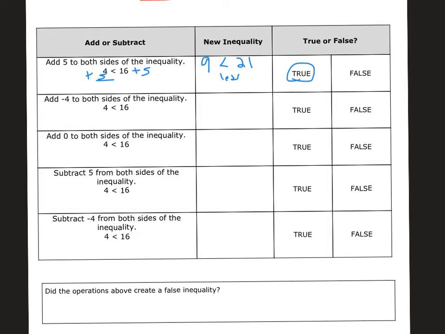Now we need to add negative 4 to both sides. 4 plus negative 4 gives me 0. Remember our 0 pairs? And 16 minus 4 is going to give me 12. Is 0 less than 12? Yes, it is. Now I'm going to add 0 to both sides. When I add 0 to both sides, nothing changes, so 4 is still less than 16.